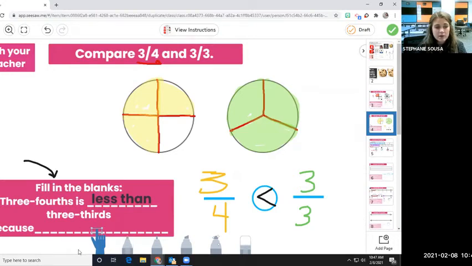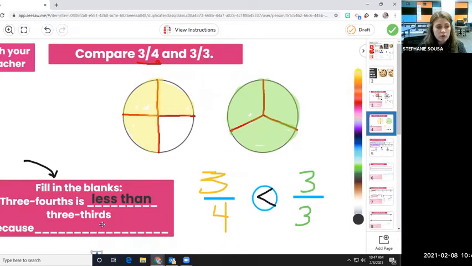Because, and here's where we need to add that explanation. I'm going to use the math word whole because 3/3 is 1 whole and 3/4 is less than 1 whole.